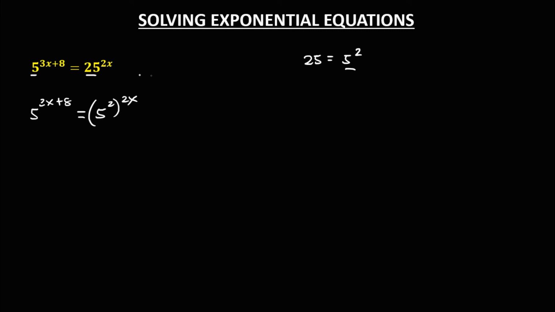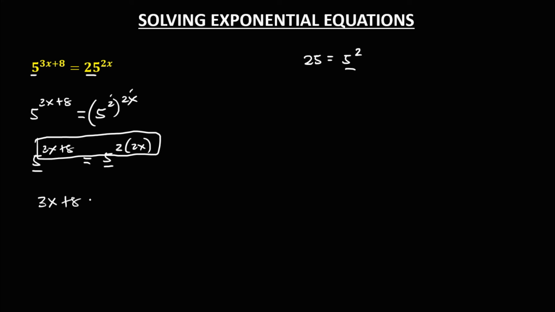Then from the laws of exponents, so exponent raised to other exponents, so just multiply the exponents. So we have 5 to the power 3x plus 8 then equals 5 to the power 2 times 2x. So since the same base, so we can equate now these two exponents. So that's 3x plus 8 then equals 2 times 2x.